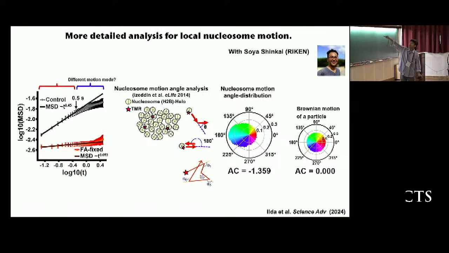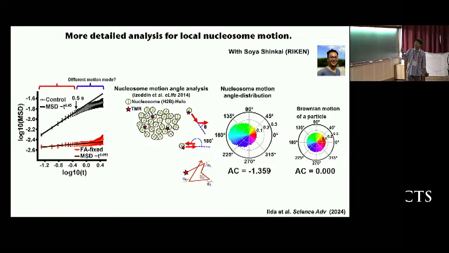So please look at this plot. The nucleosome motion angle distribution is somehow biased toward 180 degrees, as compared to Brownian motion of a control particle. So this means that nucleosomes are often pulled back to their original direction in some constrained area.